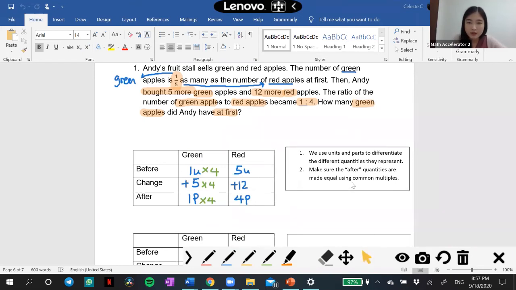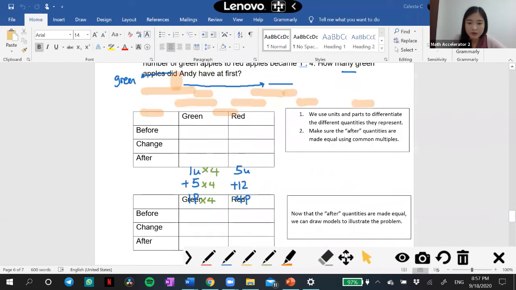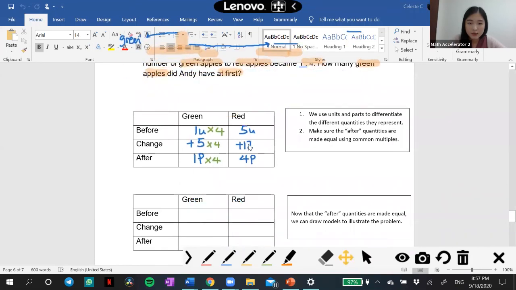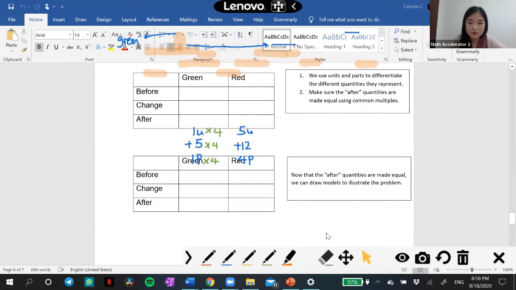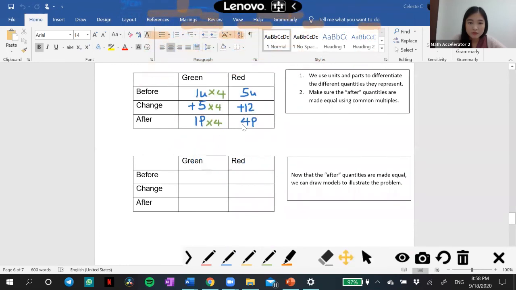Rewrite everything, after you make equivalent, into the second table. So 4 units here, 5 times 4, plus 20. Here is the same, right? 1 part times 4, you have 4 parts, and 4 parts here.